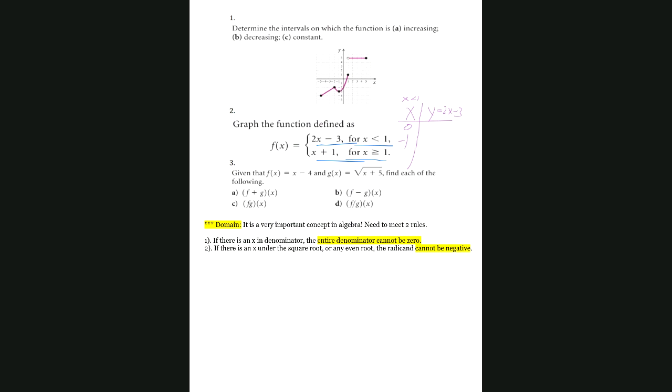So 2 times 0 minus 3 is -3. And then 2 times -1, I'm sorry, and then minus 3. So when x equals -1, that's -2 minus 3, which is -5.